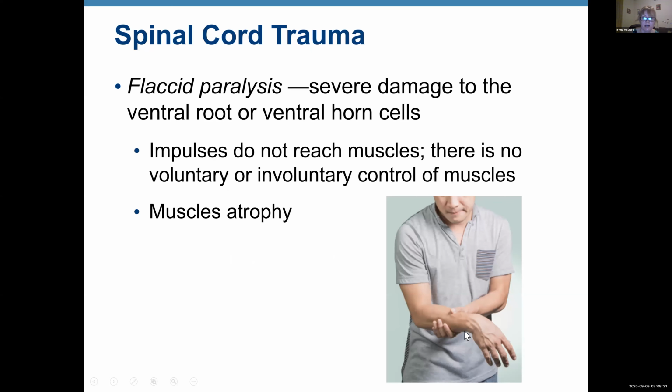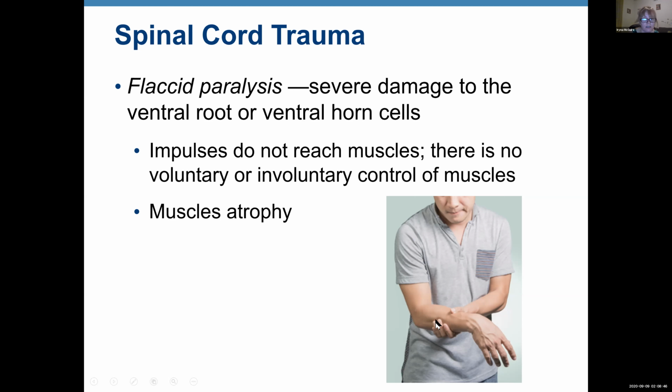So flaccid paralysis is when no nerve impulses are reaching your muscles, right? So muscles cannot be stimulated, even involuntarily, even through reflexes. So the person with flaccid paralysis would not have any reflexes.